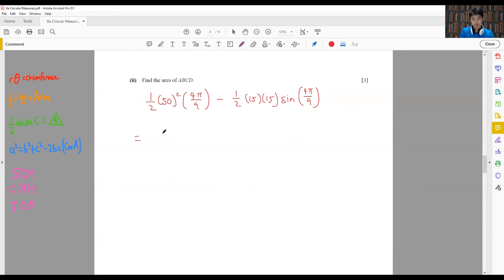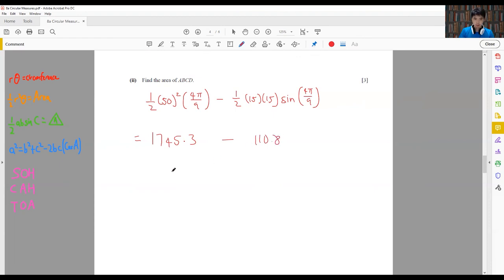This part here should be 1745.3, and you're minusing it off with this part here, which is 110.8.